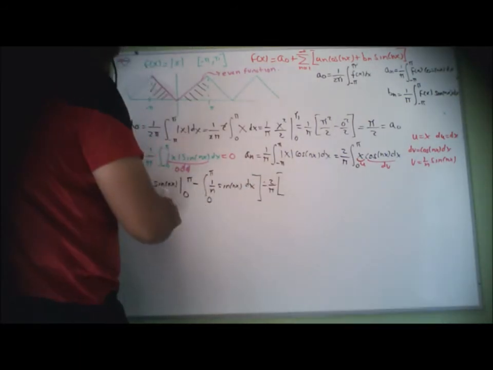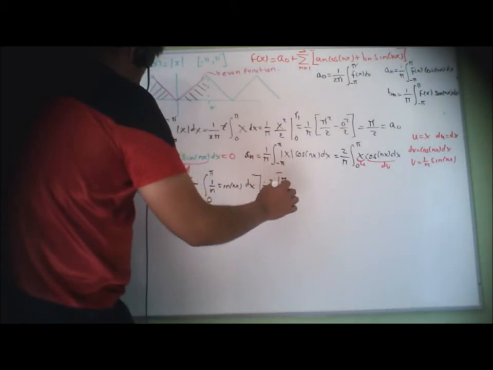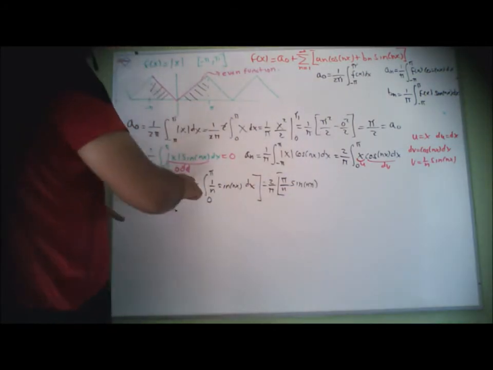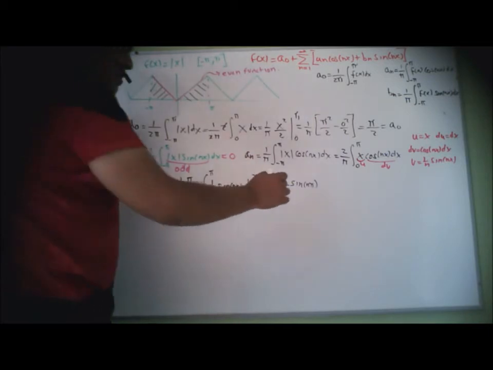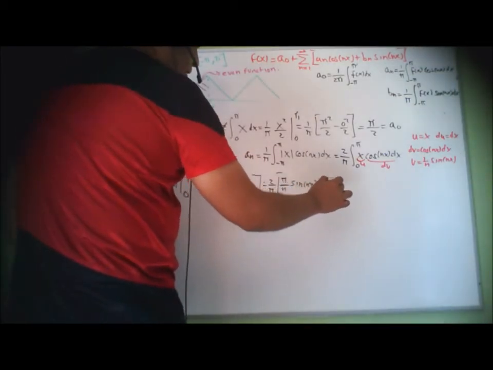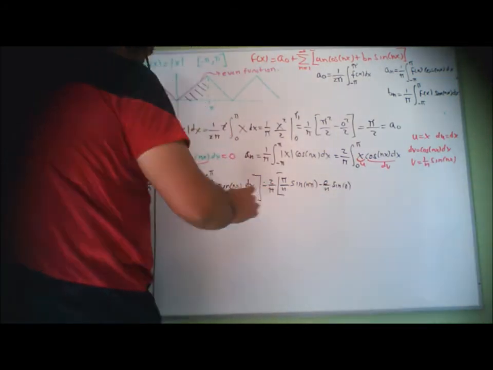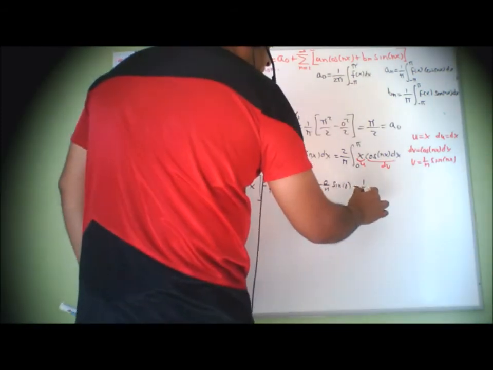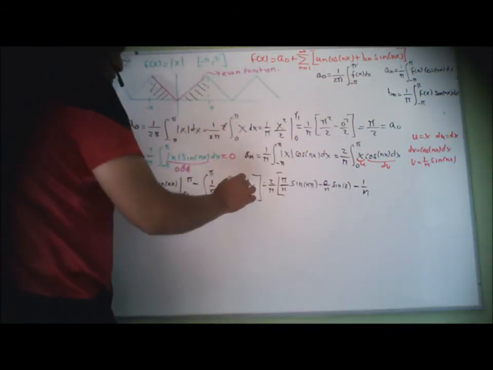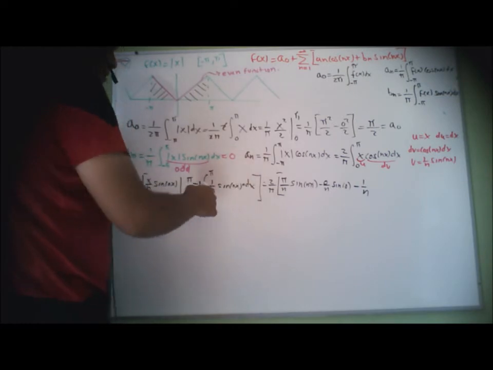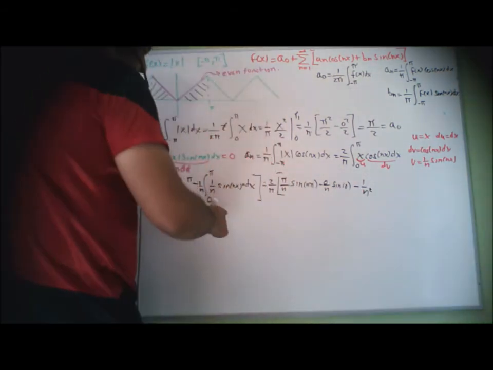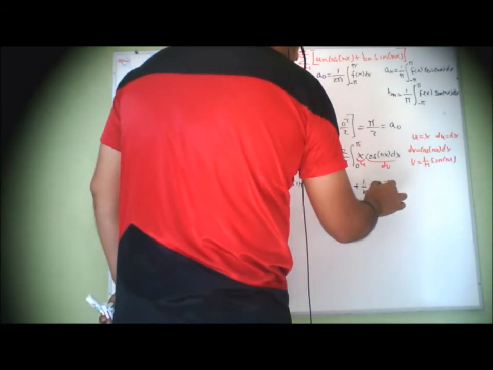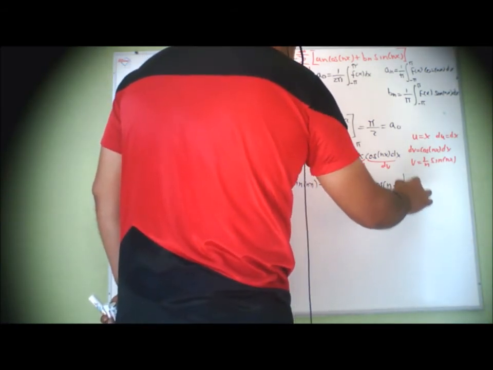Let's do the evaluation: pi over n, the sine of n pi, replacing the value of pi in the x, minus 0 over n, the sine of 0. Now, minus this 1 over n, I can take it outside, 1 over n, integral of the sine of nx, which gives 1 over n squared. The integral of the sine is minus the cosine, so this becomes positive, cosine of nx from 0 to pi.